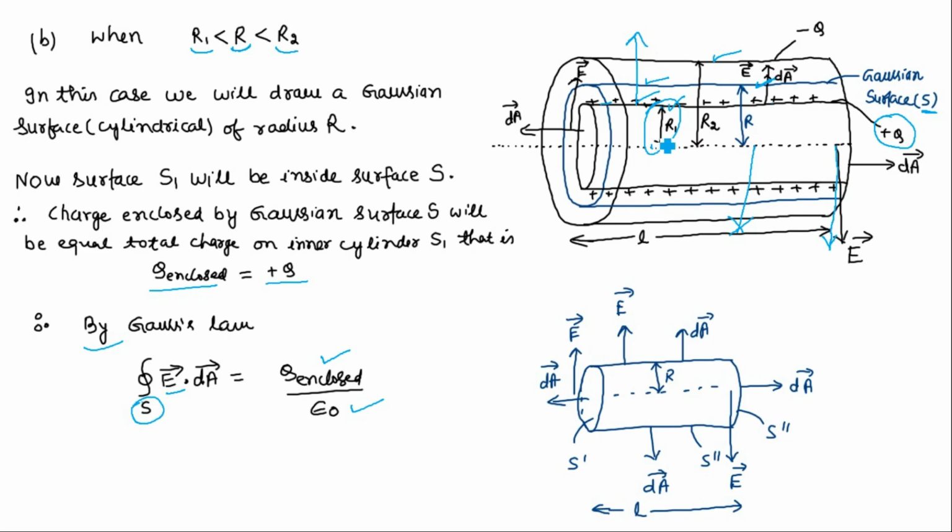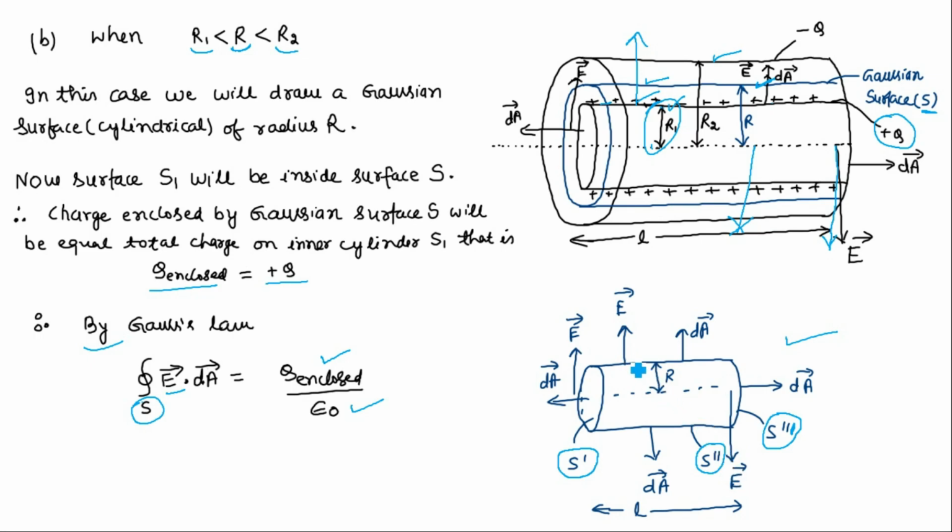Now in order to understand this situation in a better way, we have drawn only the Gaussian surface in this diagram. You can see this Gaussian surface S is made from three open surfaces: S dash, which is circular in shape, S triple dash, which is again circular in shape, and S double dash, which is the curved surface.